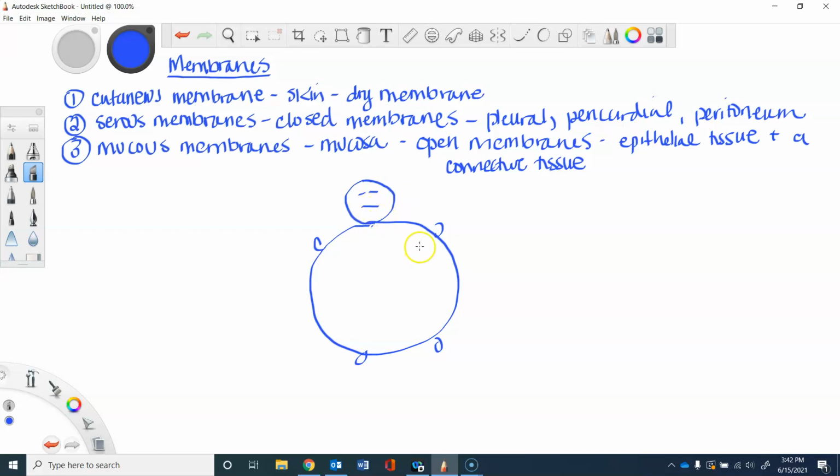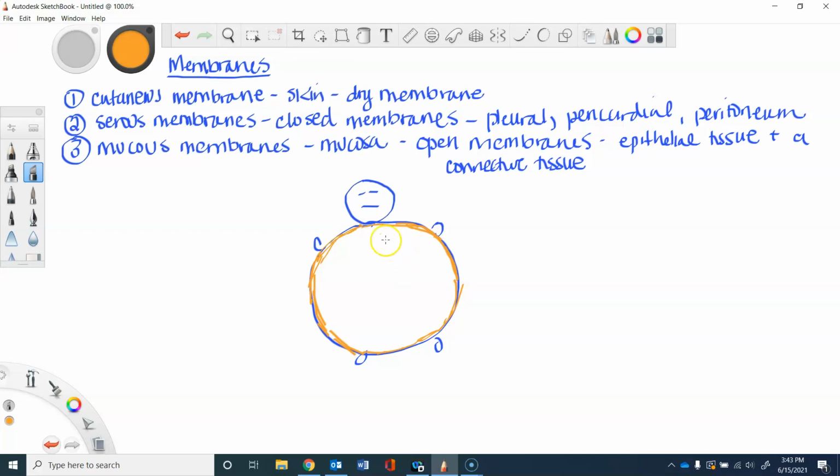Okay, so your cutaneous membrane, of course, is the skin. So that's this here. Just kind of color that in there. So that's the skin, that is the cutaneous membrane. And again, we're going to talk about that when we get to the chapter on the skin.